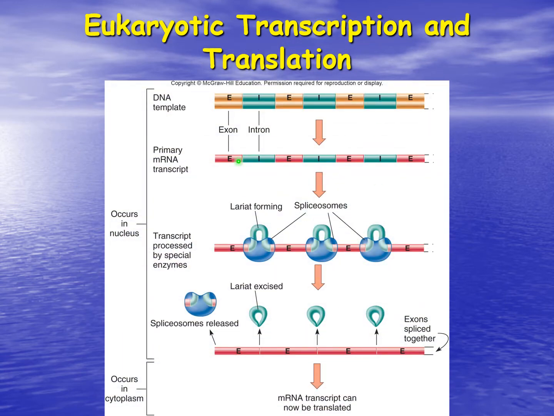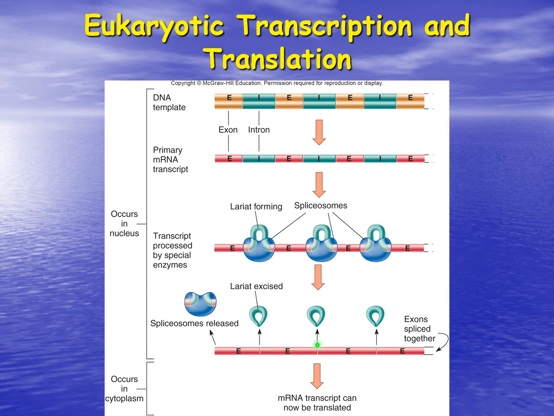And this simply shows, here is our primary messenger RNA strand. Here are our exons and introns mixed together. The spliceosomes or ribozymes will simply loop these things on themselves, and the introns will be released into the nucleoplasm. These introns, again, are going to become these regulatory RNAs that we'll talk a little bit about later on.